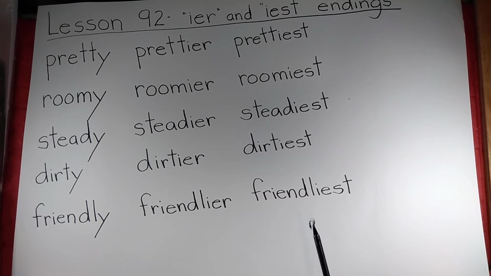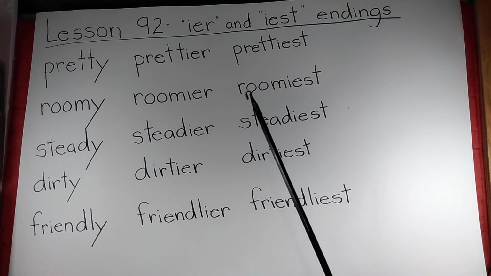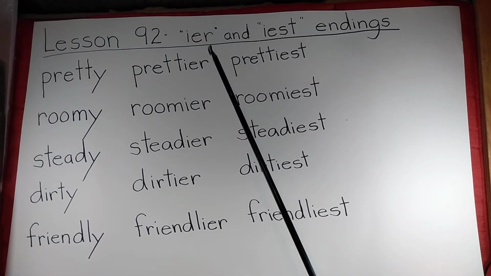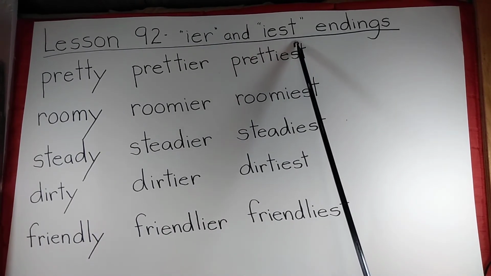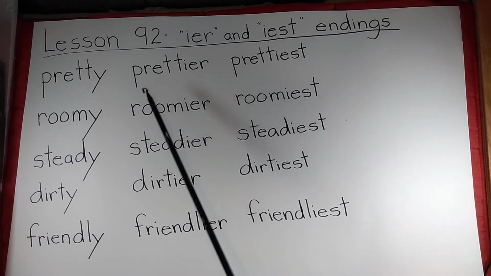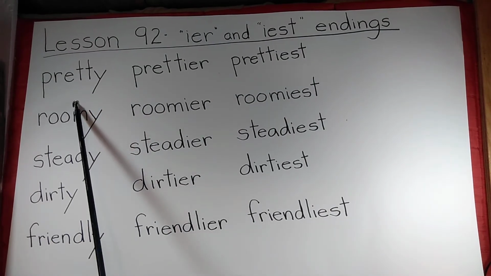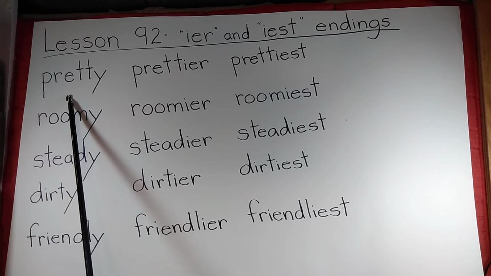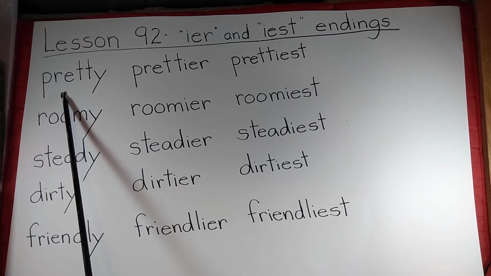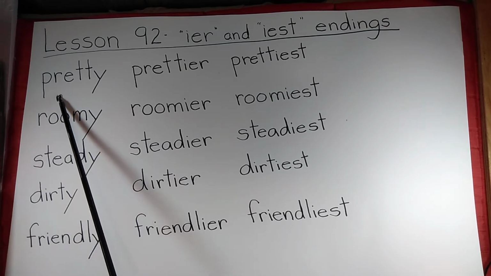And now we come to these endings. IER, ear, and iest, eest. And here is the way they work. And I gave an example of this at the end of a previous lesson so that you would have some idea of what we're getting into.